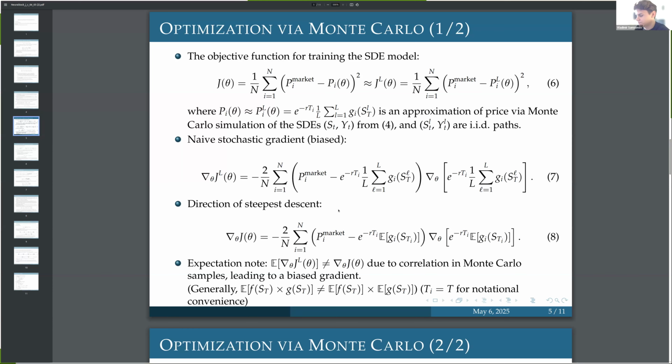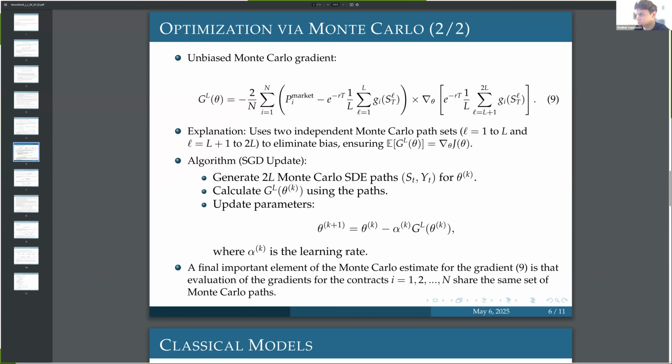So they use a method where there are two sets of Monte Carlo simulations: the first one for the model-generated price and the second one for its derivative. So it would be an unbiased estimation of the gradient.